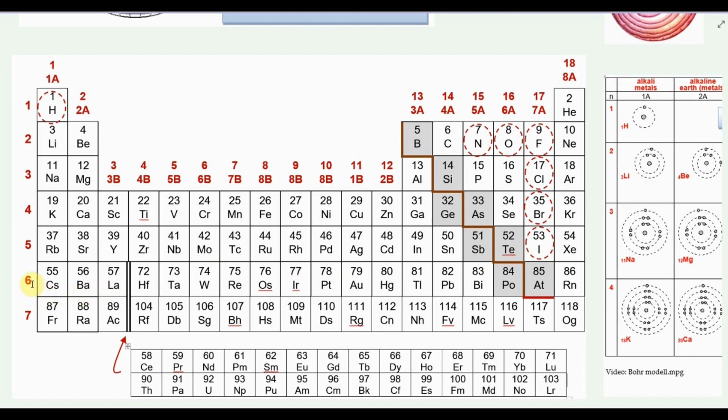When we get down to the 6th period, we find we have element 55 and 56 and 57, and then suddenly there's 72. Well, what happened to the ones in between? They're placed down below here, and these are called the lanthanides because they follow lanthanum. There's 14 of them, and then after we complete those 14, we come back up to hafnium and finish the 6th row.